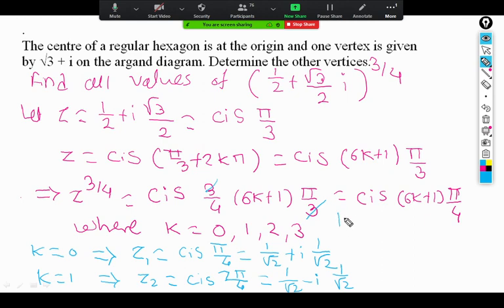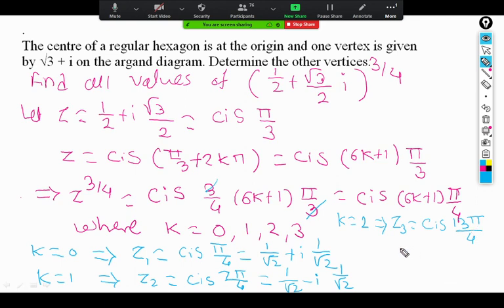Next, k equal to 3, sorry, k equal to 2. Z3. Now we are putting k as 2. So 6 into 2 is 12, 12 plus 1 is 13. This is 13 pi by 4. Third quadrant.